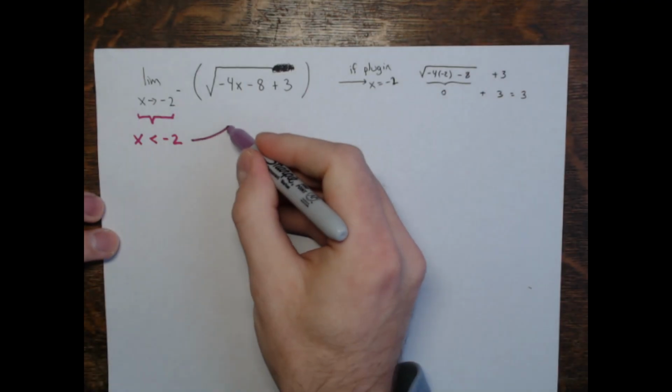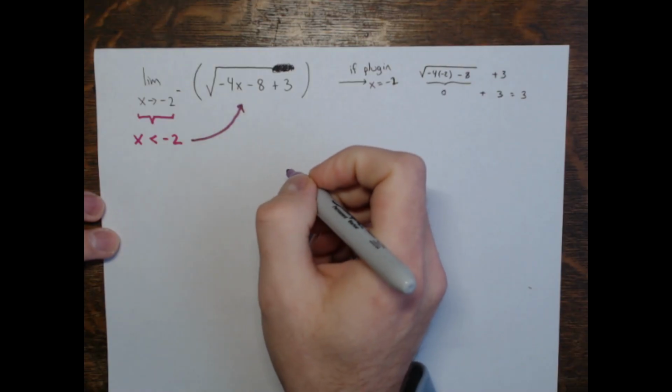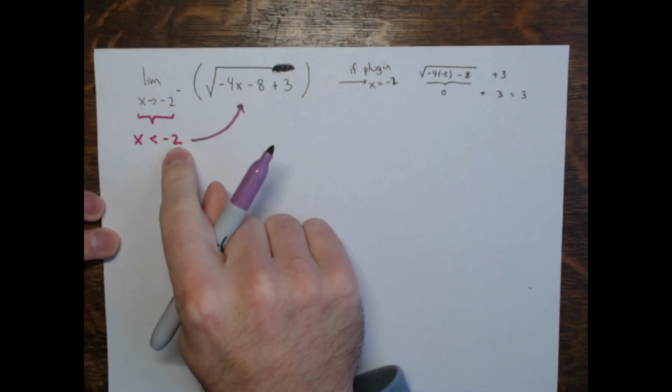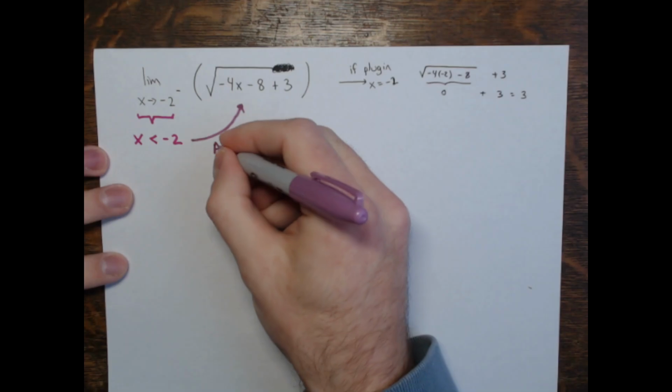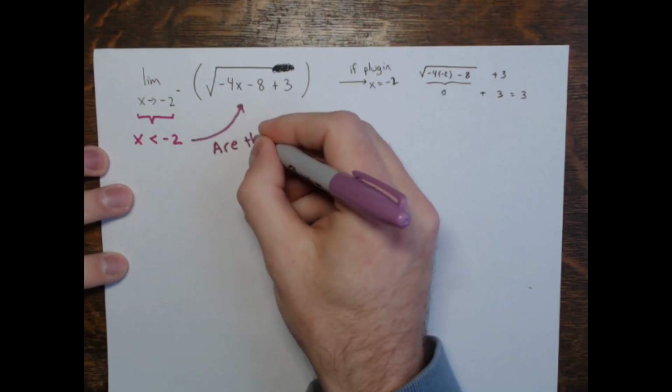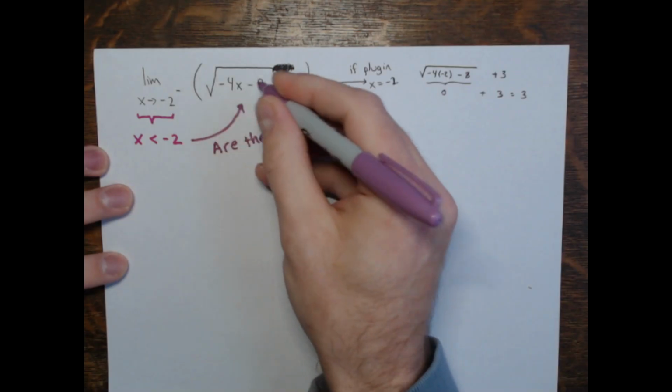If I plugged in, say, -2.1, -2.01, the big question is, are these values allowed?